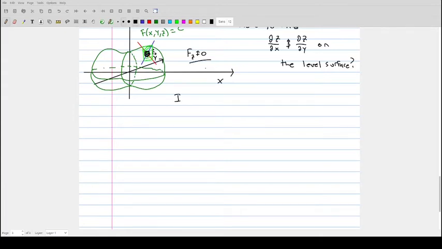As long as this is true, the implicit function theorem guarantees for us that we can find some expression for z as a function of x and y. This is a lowercase f. It's different than the capital F function that's giving us our level surface.